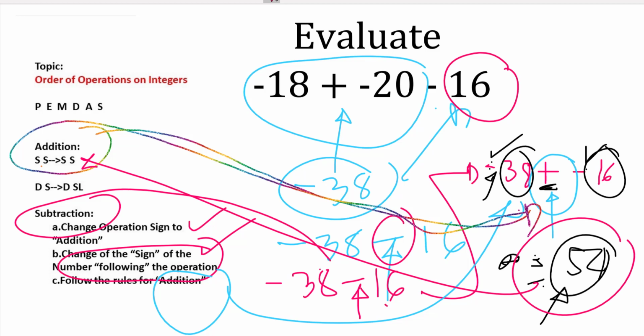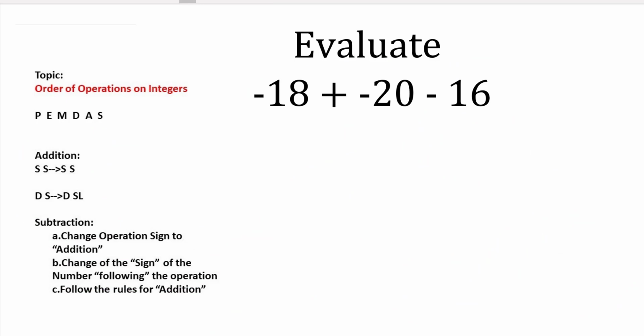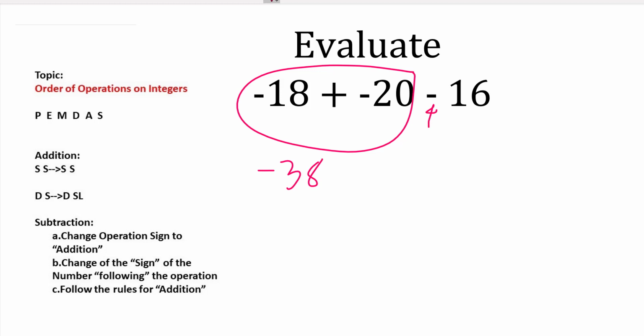Okay, let's clean that up. First we simplify this item here, which comes out to minus 38, and then since this is a subtraction, when you convert it, it becomes an addition. This is the rule of subtraction: change the operation sign to addition, and that's what we have done, and then change the sign of the number following the operation. The sign of this number is originally positive 16, so change it now to negative 16.